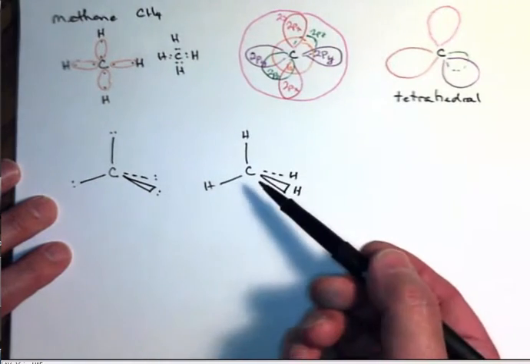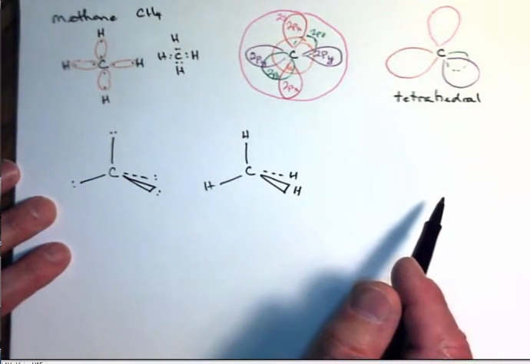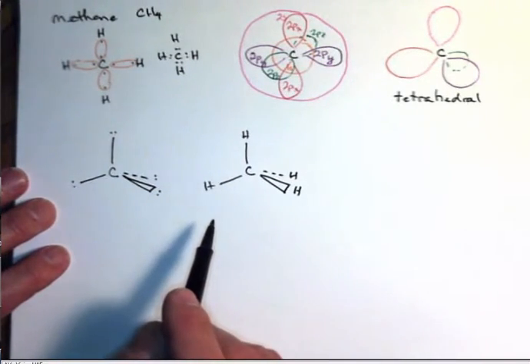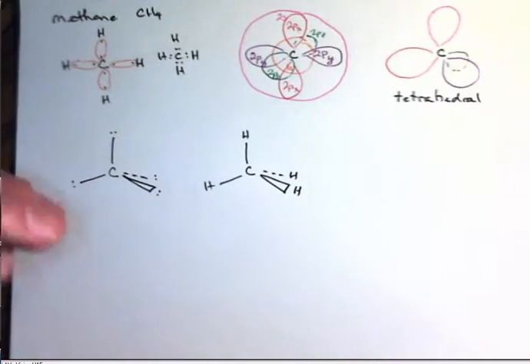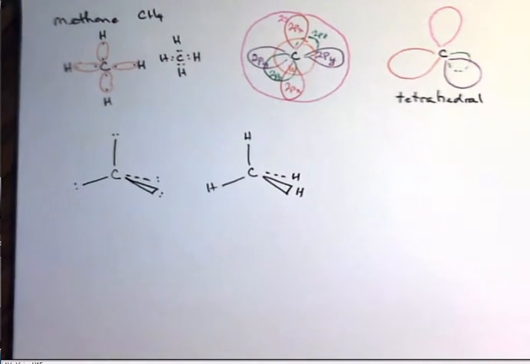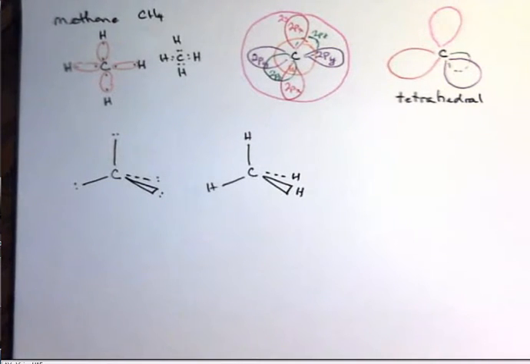Yes, because in order to have a tetrahedral where we have four sets of electrons equally spaced around this central atom, they have to push apart from each other. They want to get as far apart as they can and still be attached to that carbon. It's called VSEPR, V-S-E-P-R, valence shell electron pair repulsion, and these spherical regions are called shells here.